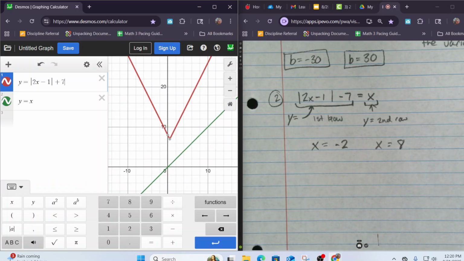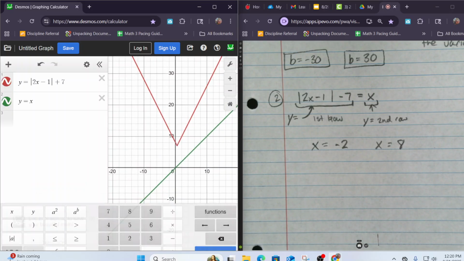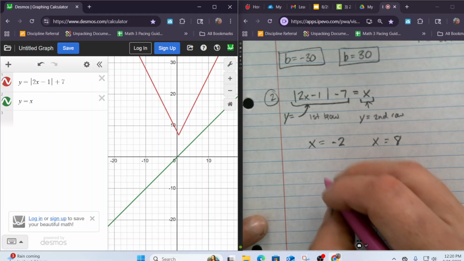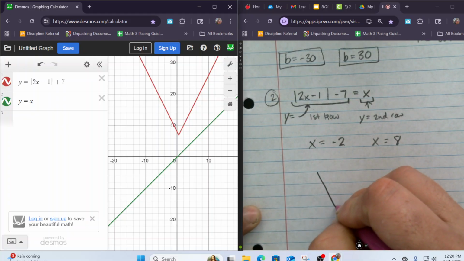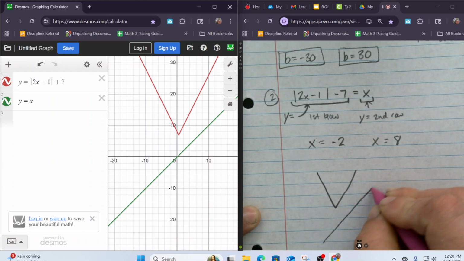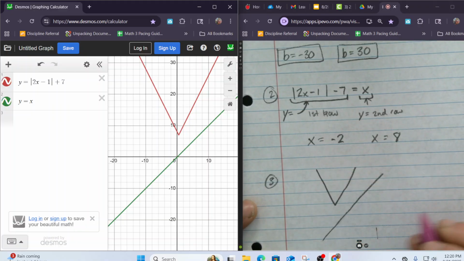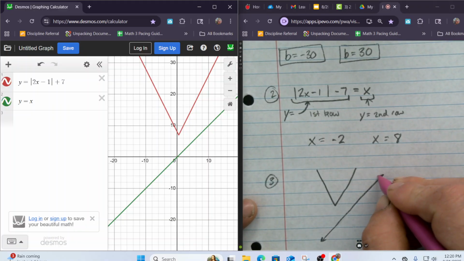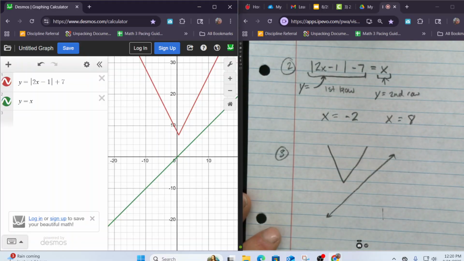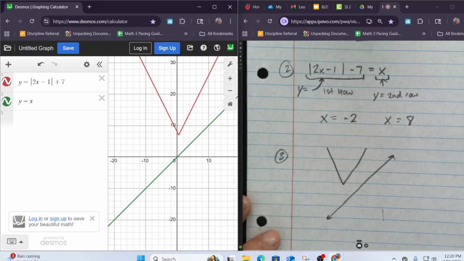Now, I changed this up. What happens if the line and the absolute value don't cross each other? No solution. Yes.